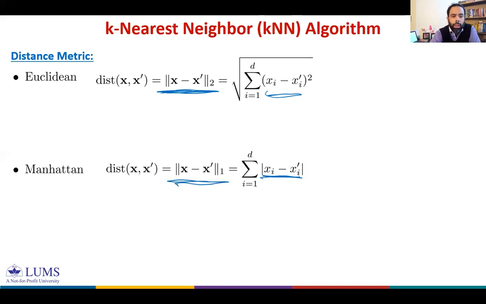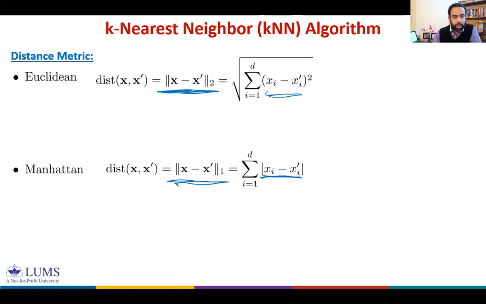This is in fact the notation of the norm of a vector. In the Euclidean setting, we have the 2 norm of the vector x minus x dash. In Manhattan distance, we have the 1 norm of the vector x minus x dash. We will generalize this norm in a while.